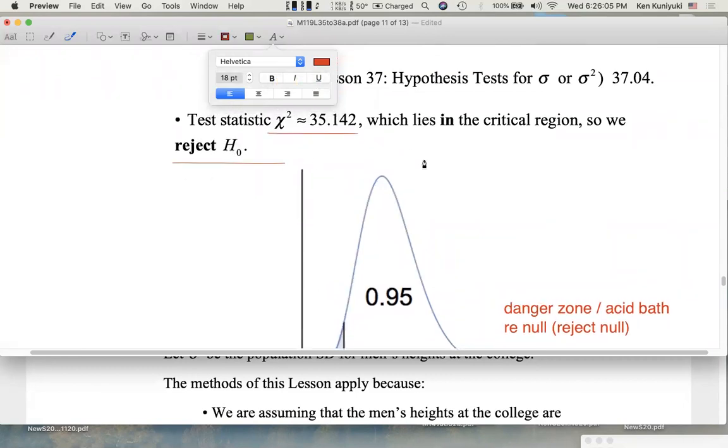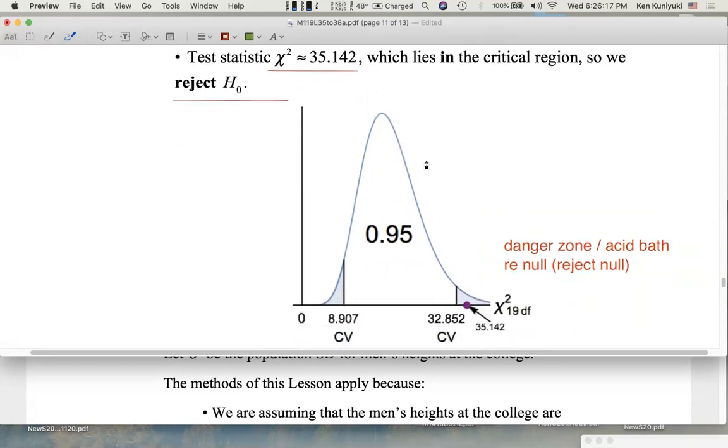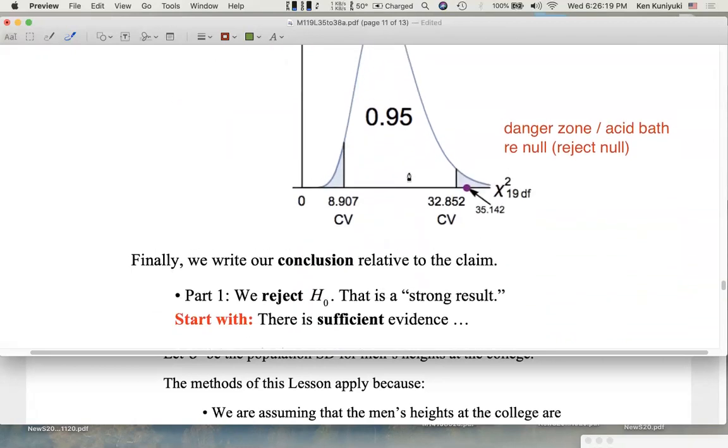Is that a strong or weak conclusion? Reject is strong. Will we have sufficient or insufficient evidence to say something? We will have sufficient evidence to say something. It will be a statistically significant result. The final conclusion: we reject the null, so that's a strong result. There is sufficient evidence to say something.